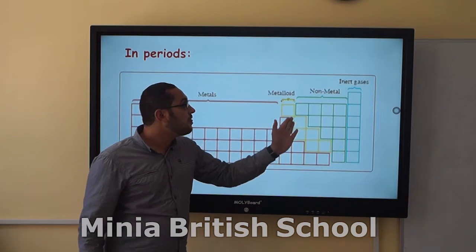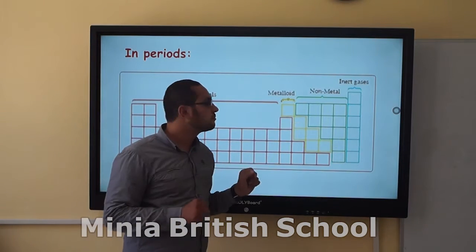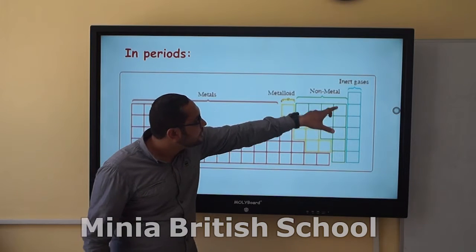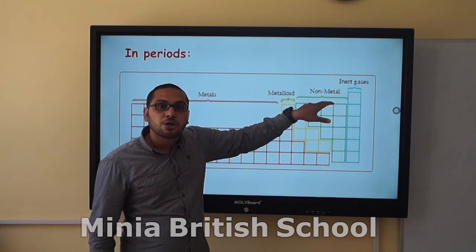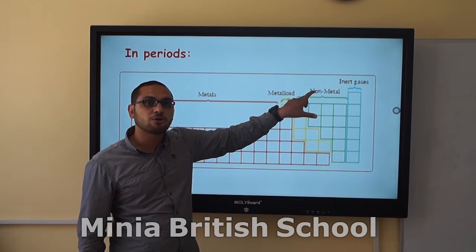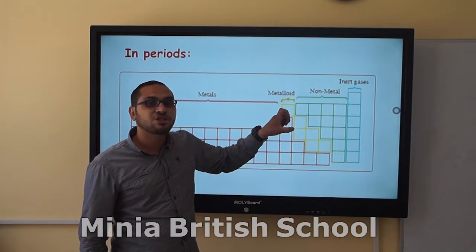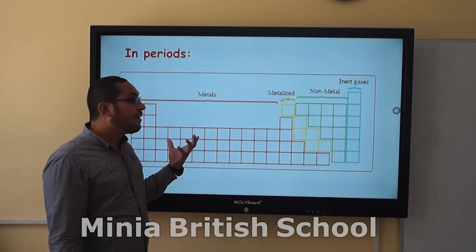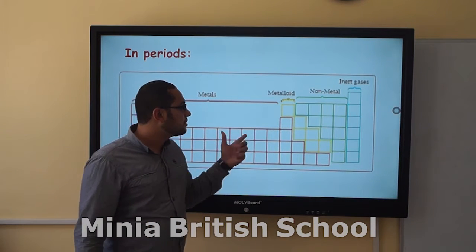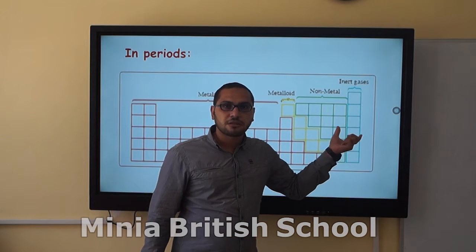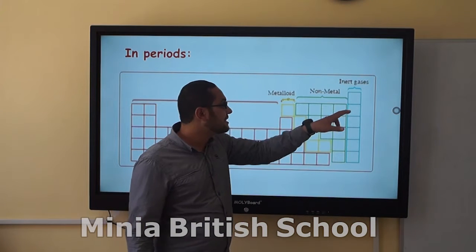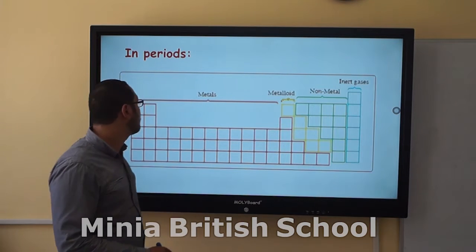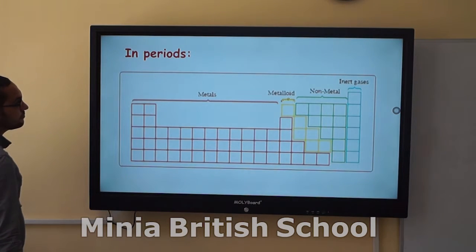And then the non-metallic property appears till we reach group 17 or group 7A, which is the strongest non-metals. Finally, the period ends with inert gases or noble gases in group 0 or group 18.